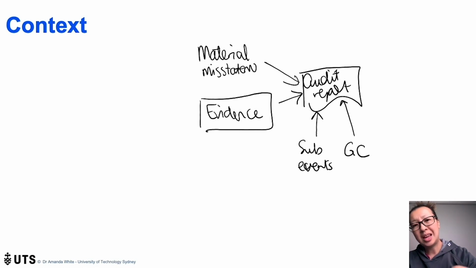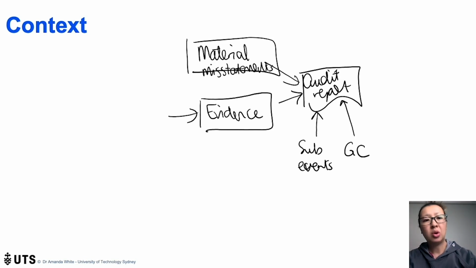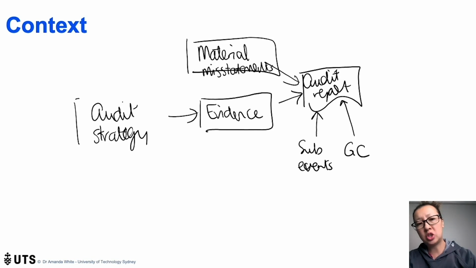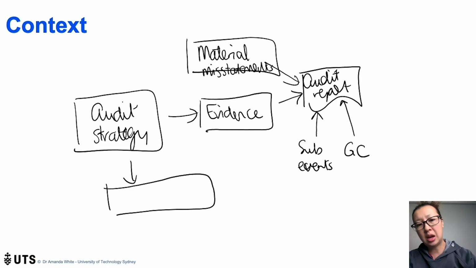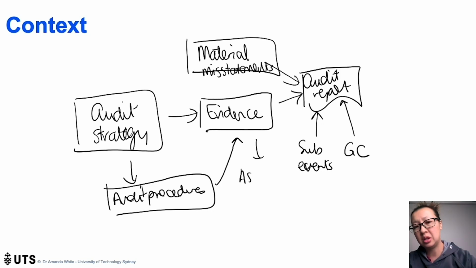misstatements. And everything that we've done leading up to this point, all of our work related to audit strategy, which helps us generate our plan and our audit procedures to gather evidence. All right. We know that our evidence has to meet the assertions.